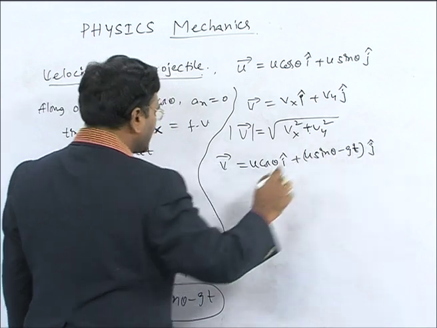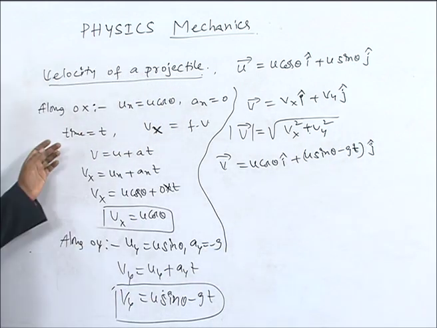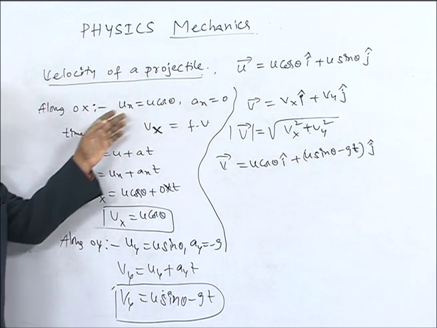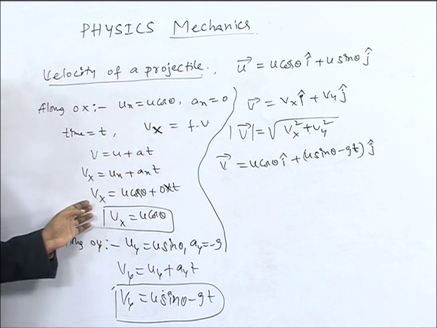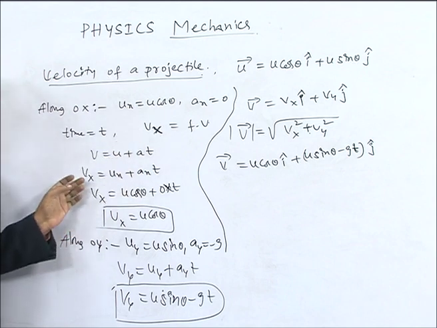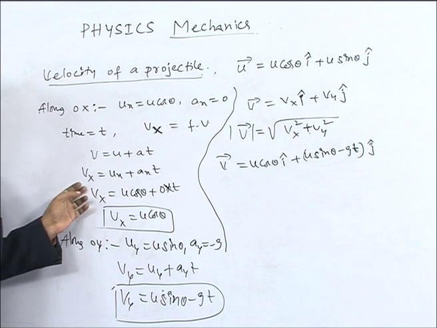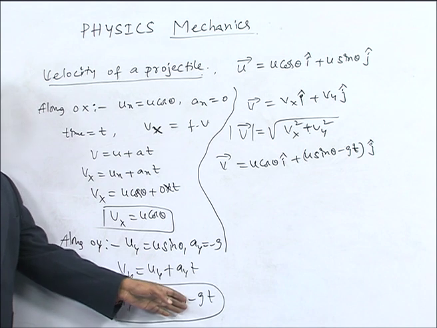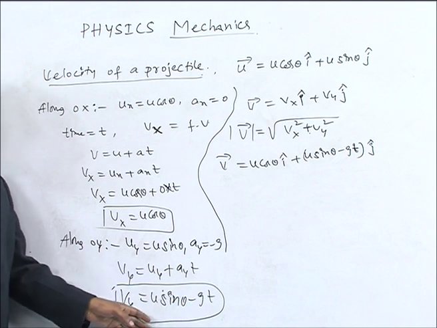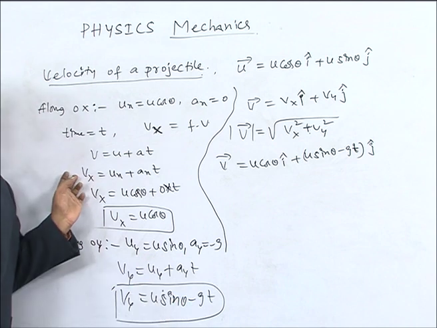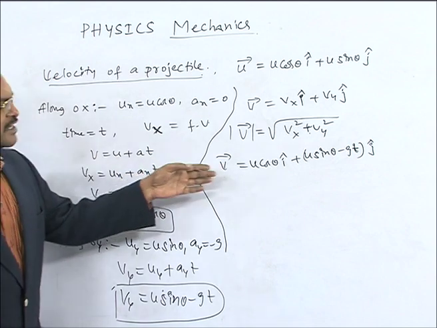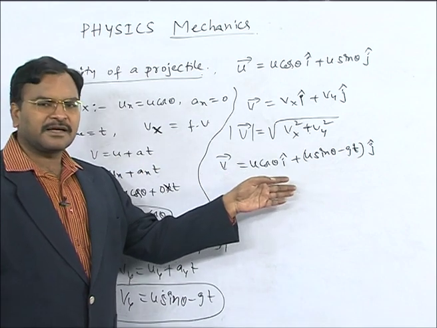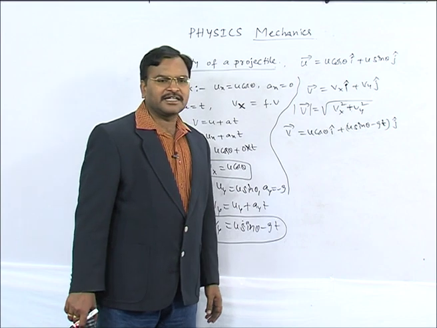From this we understand that, as there is no acceleration in the horizontal direction, the horizontal component of velocity u cos theta remains constant throughout the journey of the projectile. But in the vertical direction its velocity goes on decreasing, while in the horizontal direction velocity remains constant.